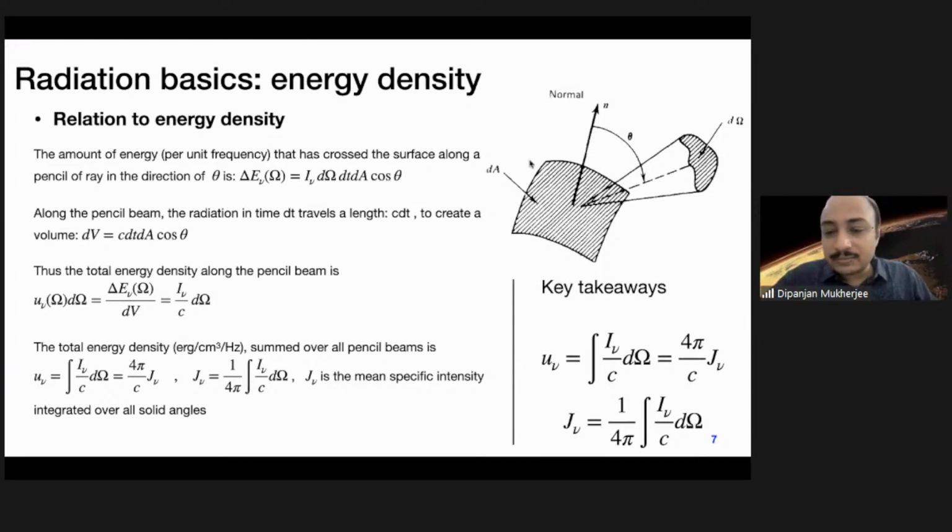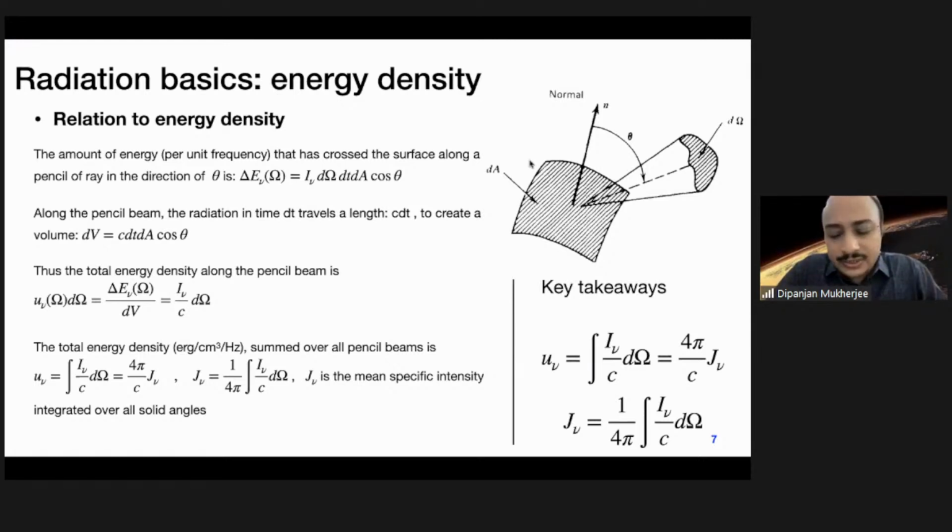Pushti Shimankar: Sir, I have a doubt. First you put the formula for the total energy density along the pencil beam, and the second one is summed over all the pencil beams. I couldn't understand the difference between them. Okay. What you have to see is that if the emission is isotropic, essentially there is no difference.